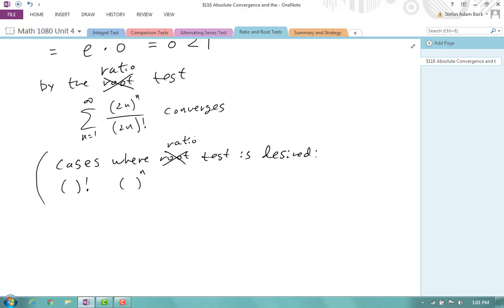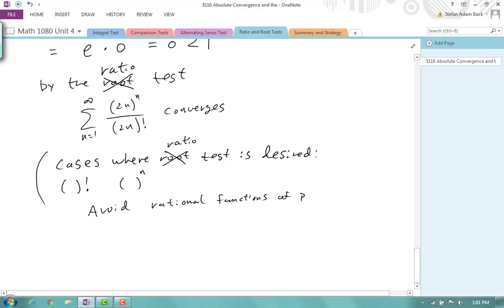But places where I don't want to use it is perhaps if I have a natural log, that might look a little bit scary, but I want to avoid rational functions of polynomials, and just about anything that will limit compare to a p-series.